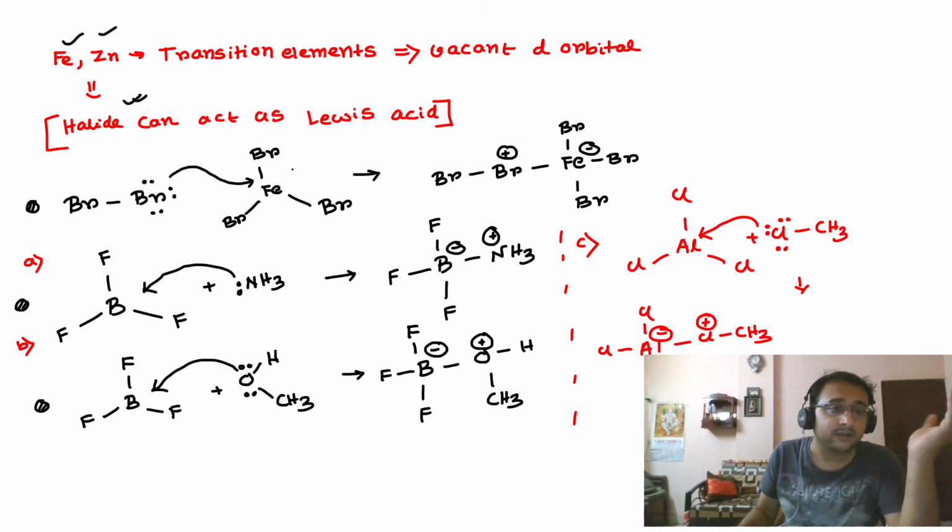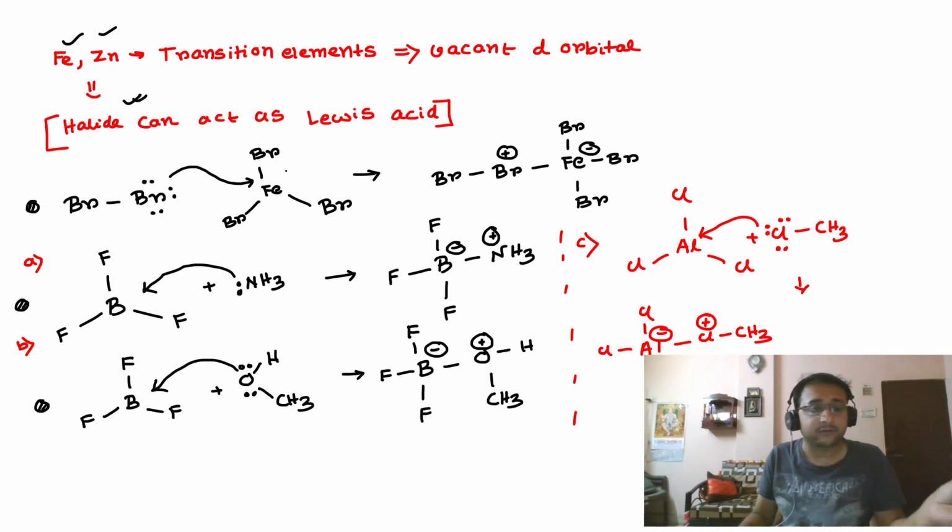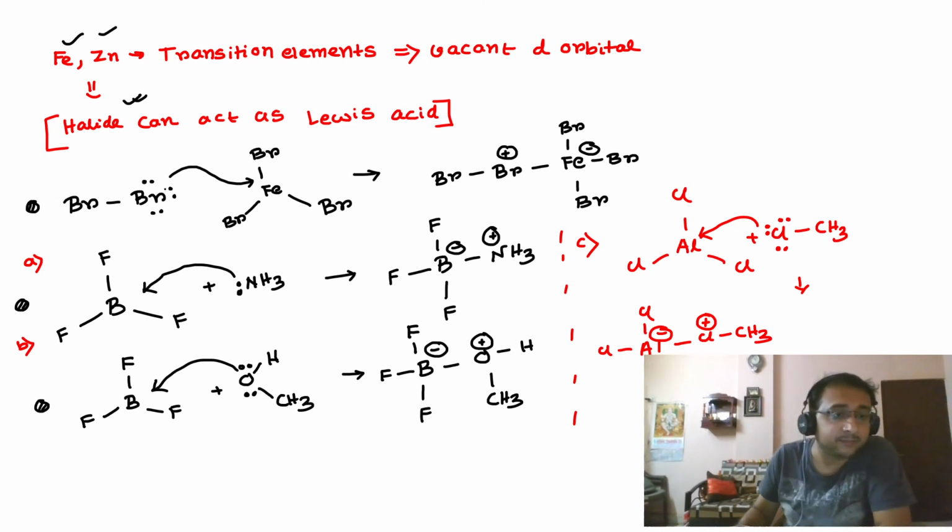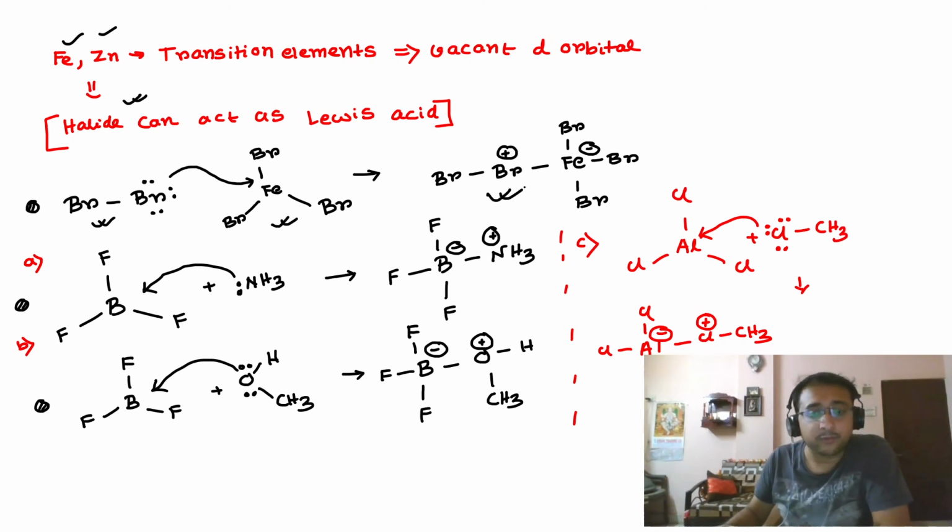Let's take an example here, the reaction between bromine and iron bromide, FeBr3. You can see that the lone pair of electrons is being donated to the vacant d orbital of this iron. So that's why this type of bond is formed. This is basically a Lewis acid-base reaction.